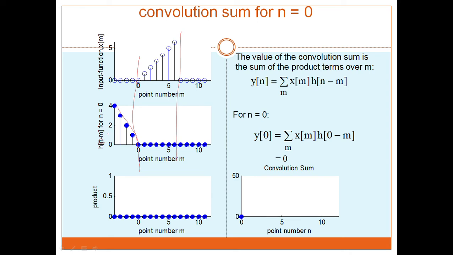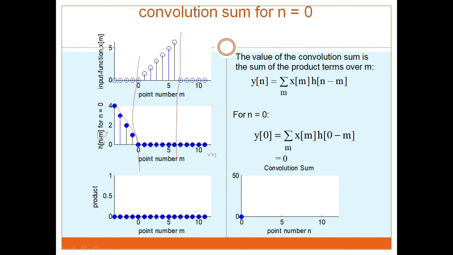Minus m is actually the axis here. So it's already rotated, h(n minus m). When you multiply this one with this one, you get 0. The second one gets 0. The third and fourth also get 0. And then you continue with the next ones, 0 with 1, 0 with 2, and so on. You get 0.